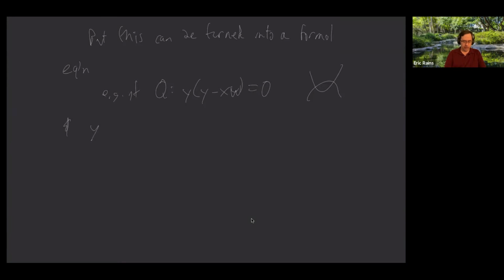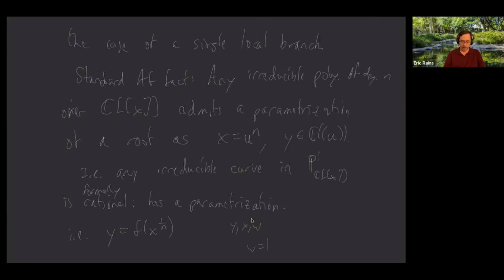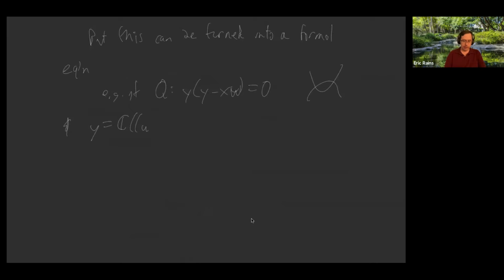And suppose we're given a parameterization of the form. Oh, sorry. Here, this might be x minus a to the 1 over n in general. Okay, but let's suppose in this case that it really is x to the 1 over n. So this is our formal spectral curve.